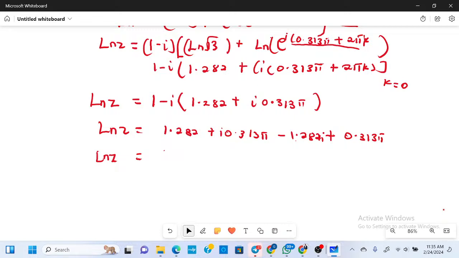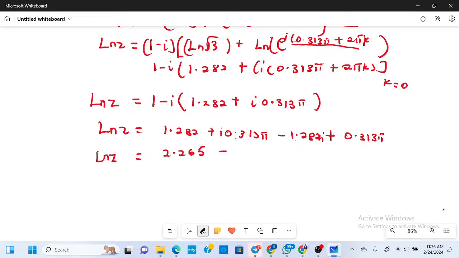So 1.282 plus 0.313 multiplying 3.142, we are getting 2.265. Plus the expression: I have i here, that's the imaginary part. So I'm going to get 0.313 minus 1.282, but this is in pi radians, so I'll multiply by the value of pi.